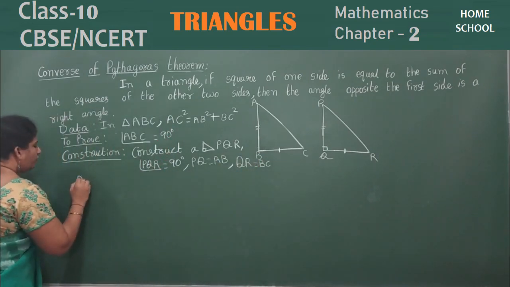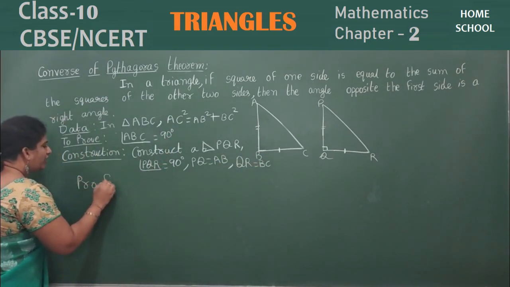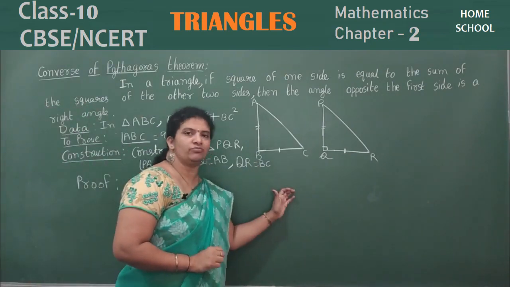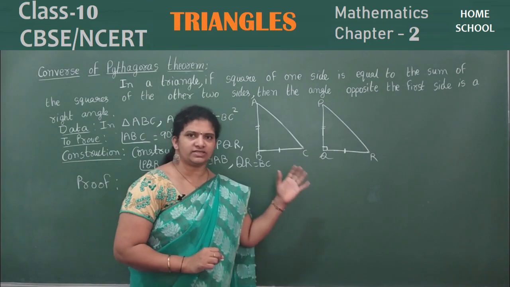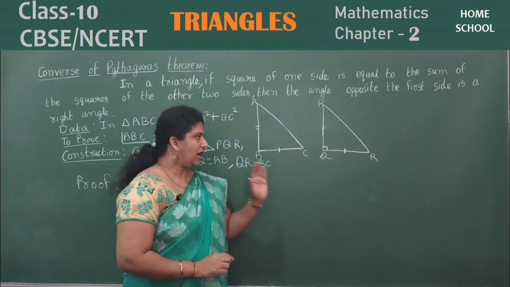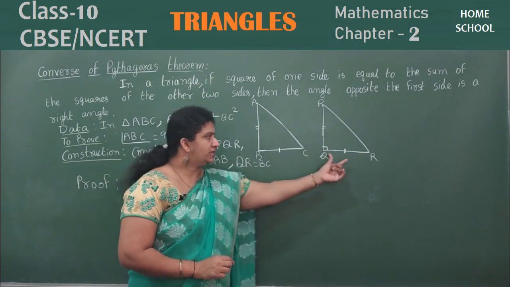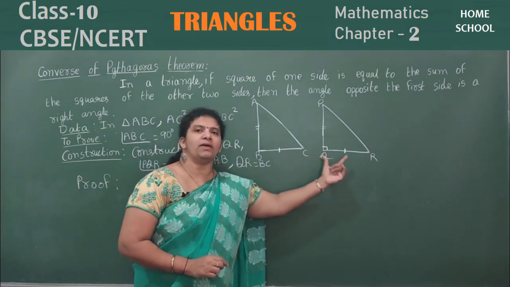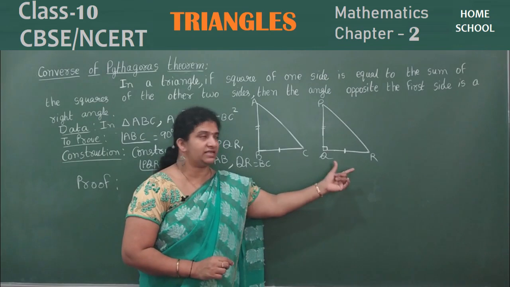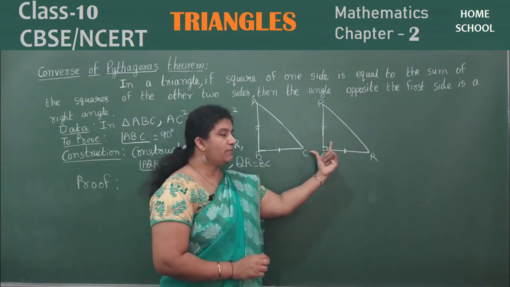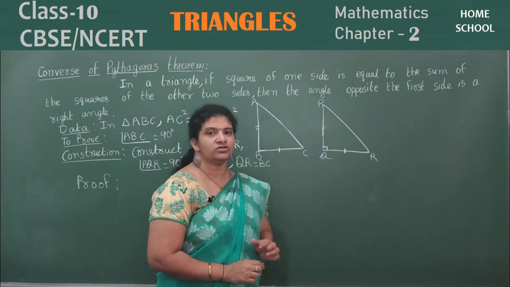Now, how to start a proof here? Before starting a proof, we are just going to discuss how we can prove this. Consider these two triangles. In this right angle triangle, I can apply the Pythagoras theorem formula. Square of the hypotenuse is equal to the sum of the squares of the other two sides.